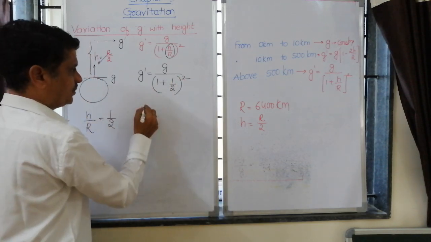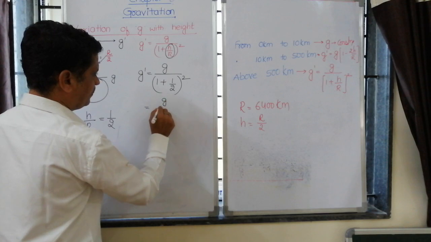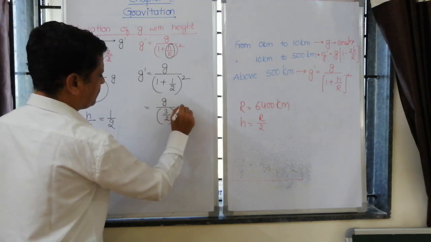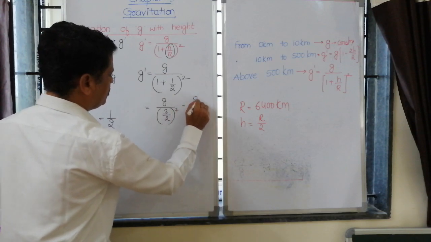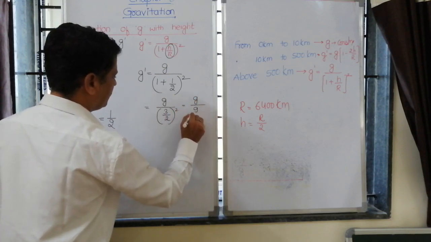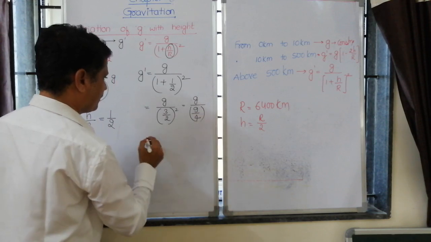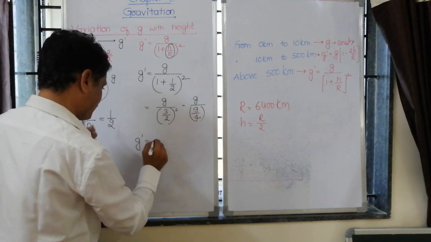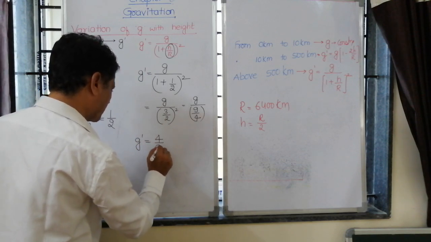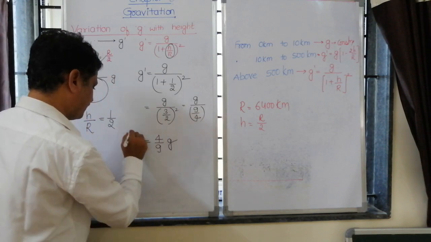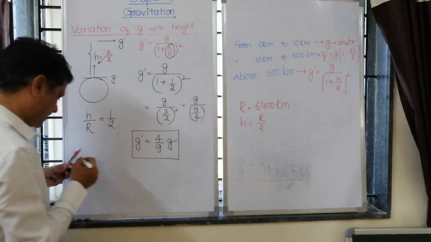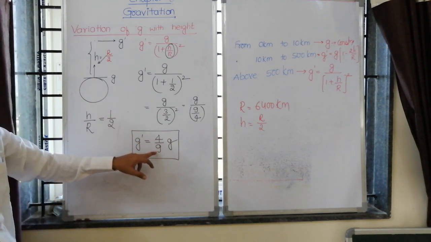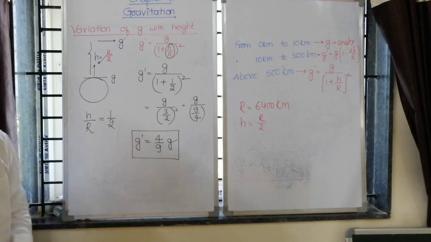Here 1 plus 1 by 2 means 3 by 2 whole square, or G divided by 9 by 4, or G dash can be written as 4 by 9 into G, means at a height equal to half of the radius, acceleration due to gravity becomes 4 by 9 times G. Okay, copy.